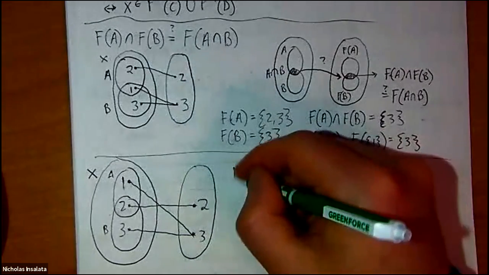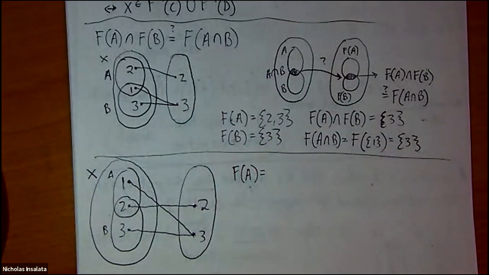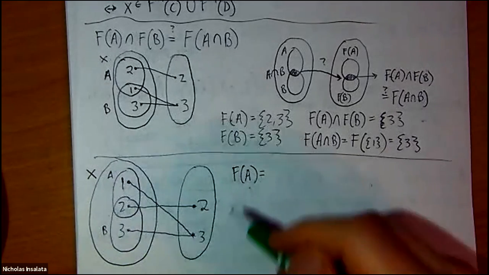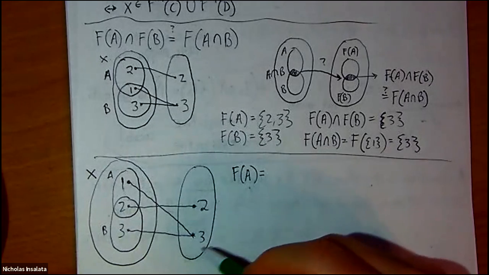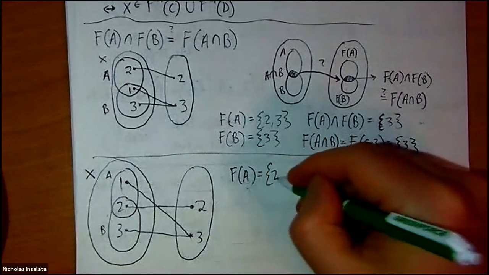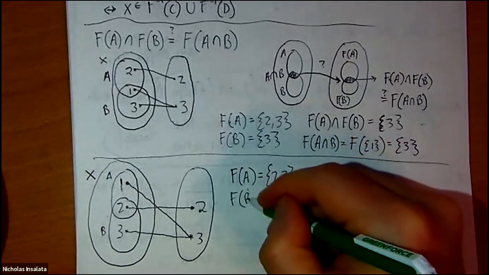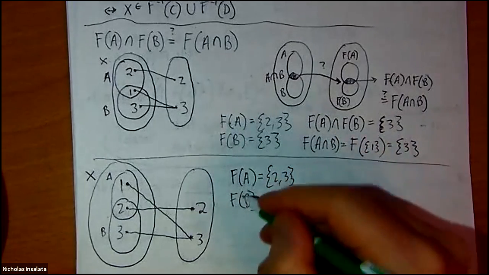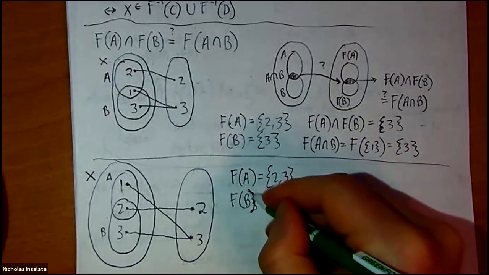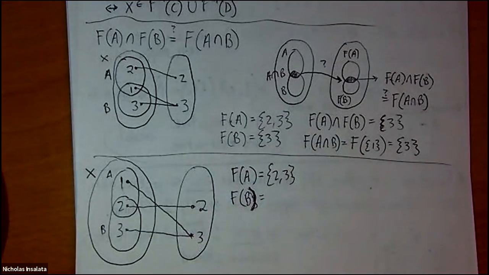So we've got f of A. Which things? Take all the elements of A, and what do they map to? 2, 3. So same as before, 2, 3. Okay, how about f of B? Also 2 and 3, right?